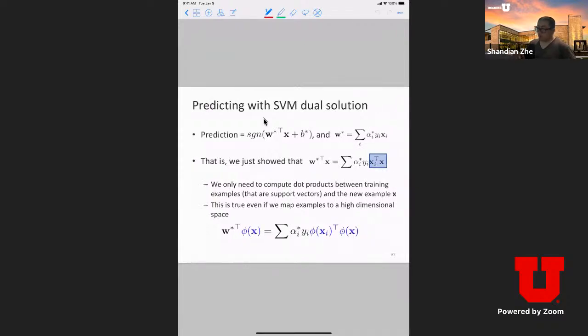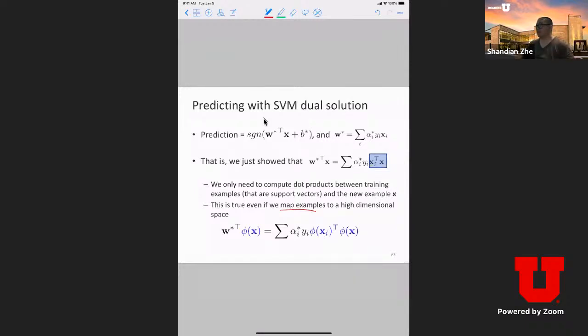Suppose, in order to improve the generalizability of the linear classifiers we mentioned before, the trick is to perform some nonlinear mapping, mapping the original feature vector to a higher dimensional space, where we expect the data is much easier to separate by a linear classifier.